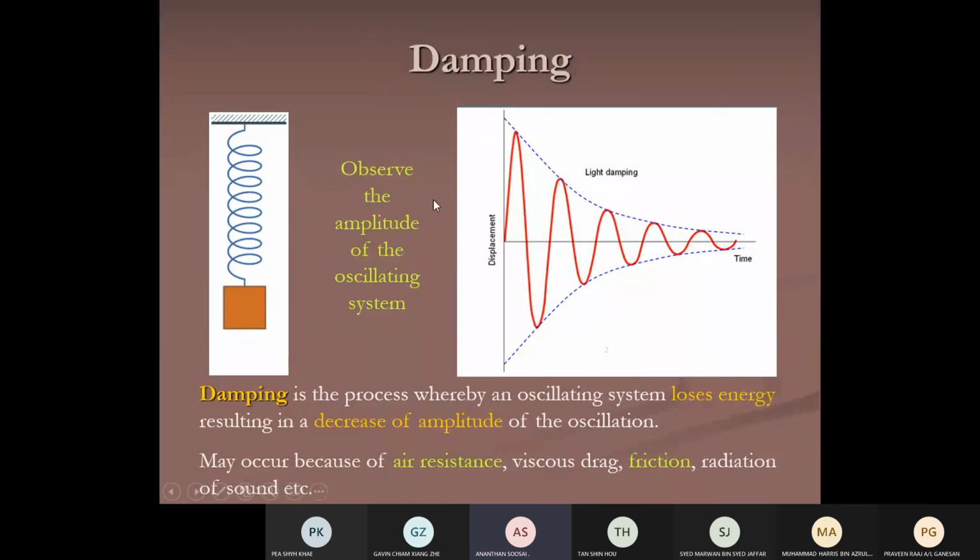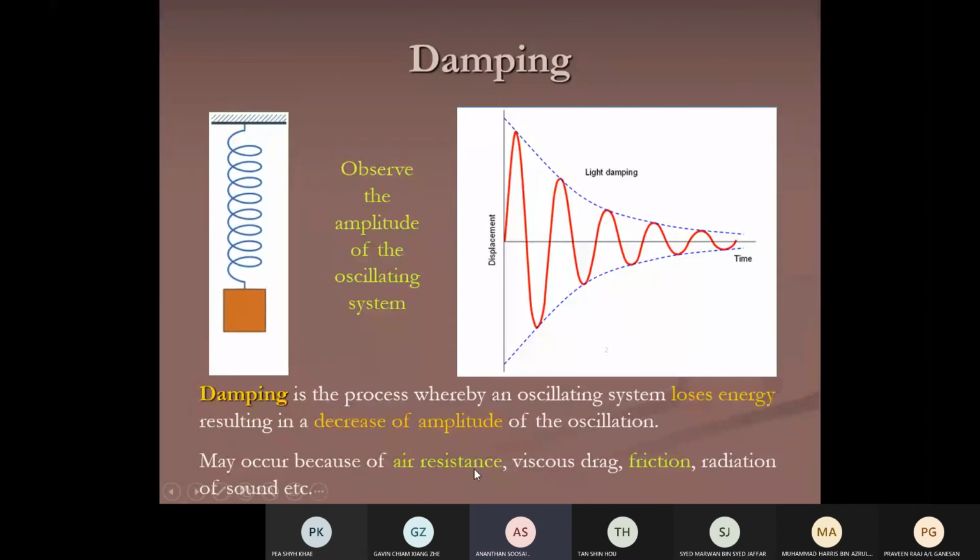So damping. What is meant by damping? The amplitude of the oscillating system will decrease exponentially. Damping is the process whereby an oscillating system loses energy, resulting in a decrease of amplitude. It may occur because of some resisting force like air resistance, viscous drag in a liquid, frictional force on the surface of a table, or radiation in terms of sound.